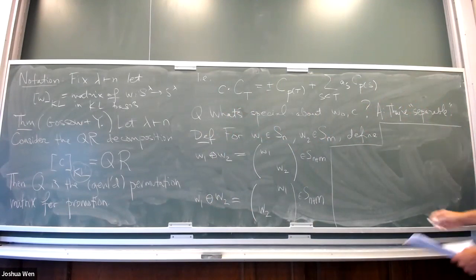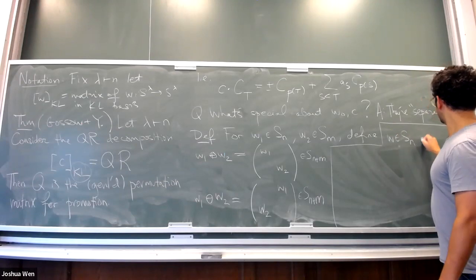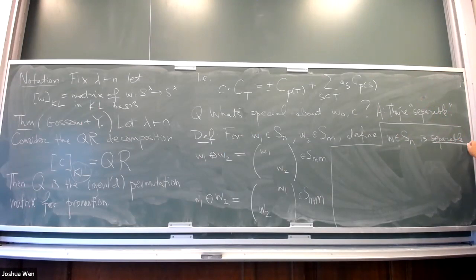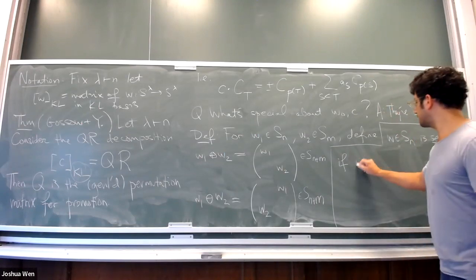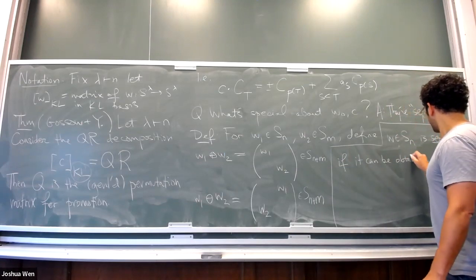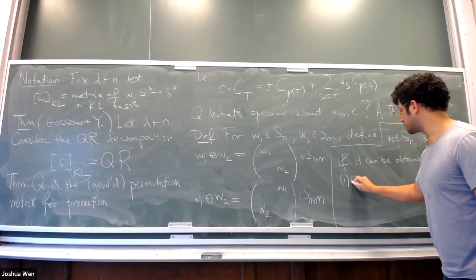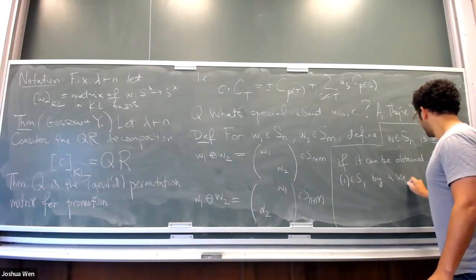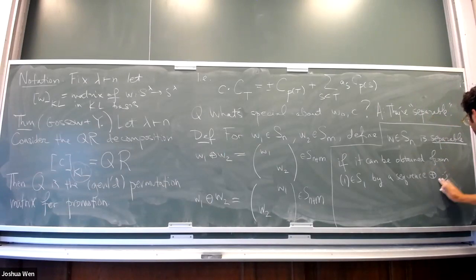So that's the operations. Then we say that W in Sn is separable if it can be obtained from the trivial permutation in S1 by a sequence of direct sums and skew sums.